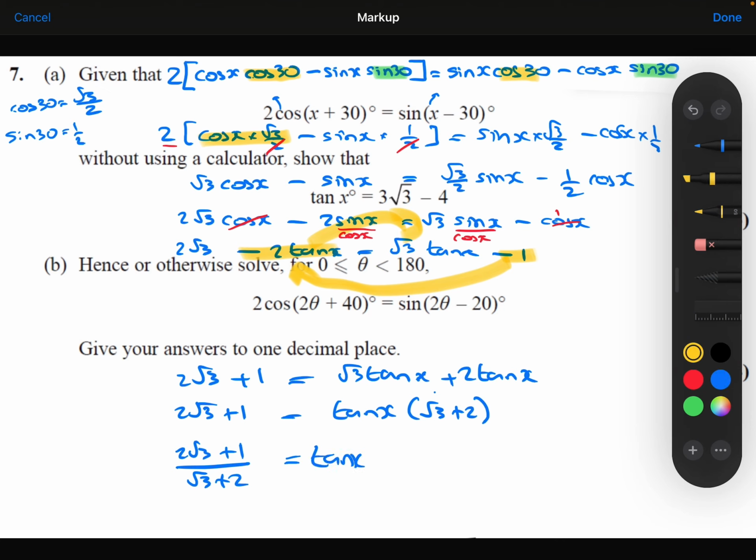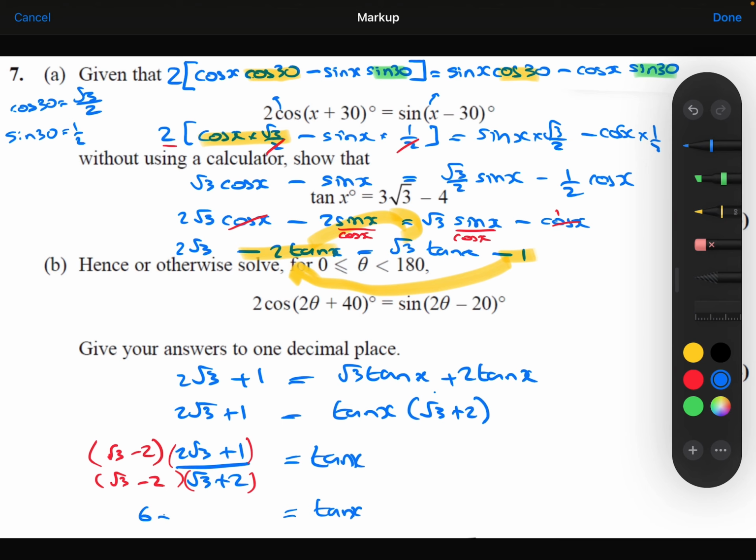All I need to do now is to rationalise here to hopefully get back to what I'm actually trying to prove, which hidden amongst all this mess is this. So let's rationalise. So that means I'm going to have to multiply top and bottom of this surd by root 3 minus 2. So the root 3 times 2 root 3 gives 6.